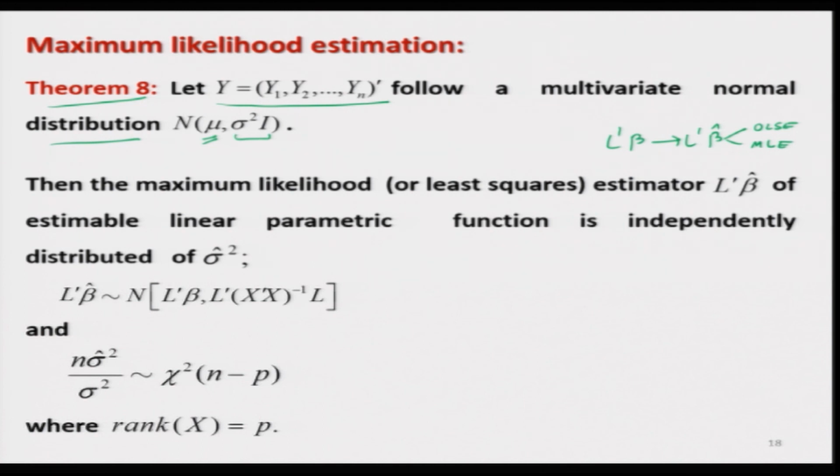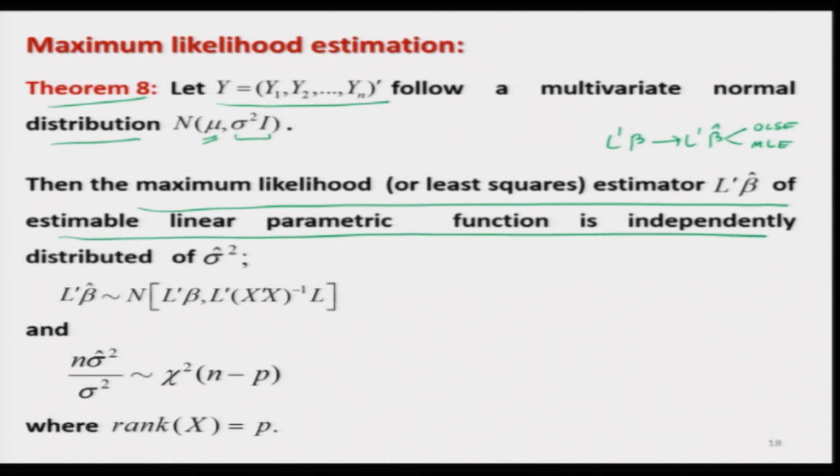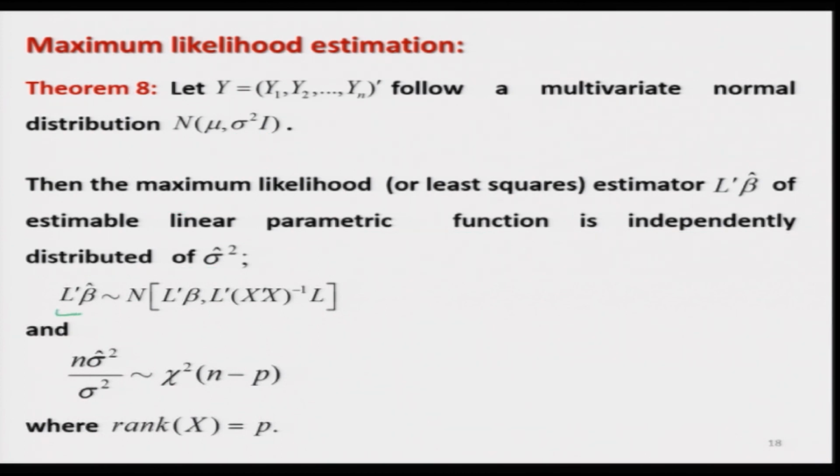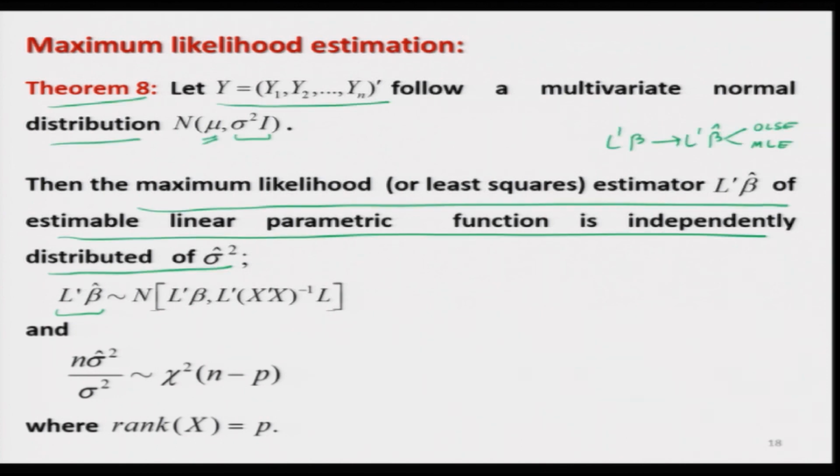So, I can write down that the estimator L transpose beta hat of an estimable linear parametric function is independently distributed of sigma square hat, and this estimator of the linear parametric function is following a normal distribution with mean L transpose beta and variance sigma square L transpose x transpose x whole inverse L. And sigma square hat divided by sigma square follows a chi-square distribution with n minus p degrees of freedom, where the rank of x is equal to p, that is, a full column rank matrix.